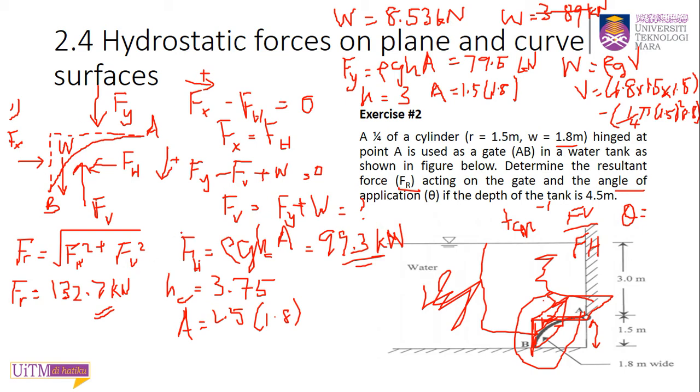Fv over Fh inverse tangent. What's the value? Angle? 41.56 degree.